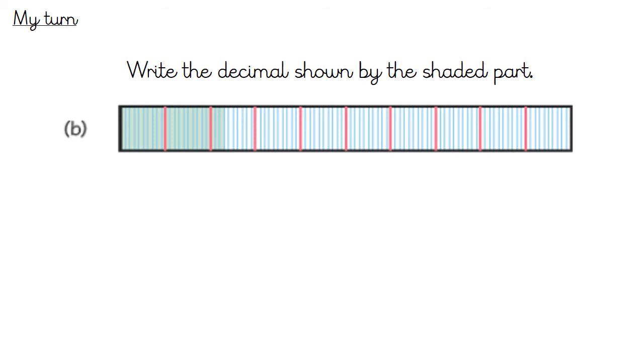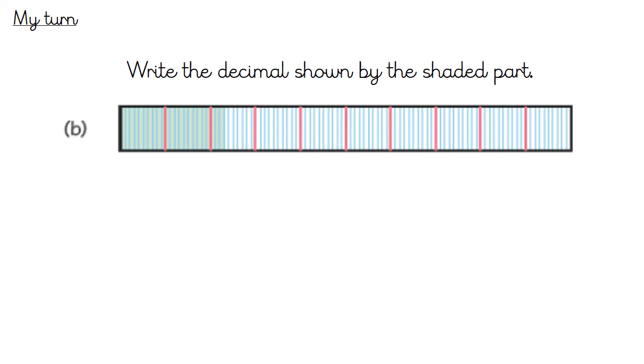Okay, let's have a go at this question. It says, write the decimal shown by the shaded part. So looking at this bar model, we know the whole thing represents 1, and it has been split into hundredths. Now, we can see that there are 2/10 shaded in. We know 1/10 is the same as 10 hundredths.